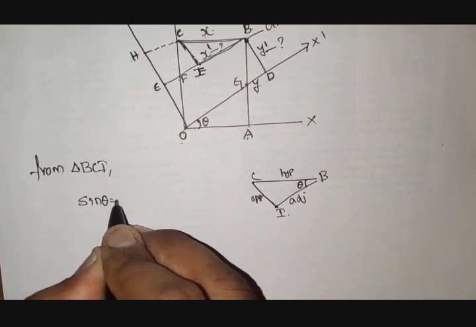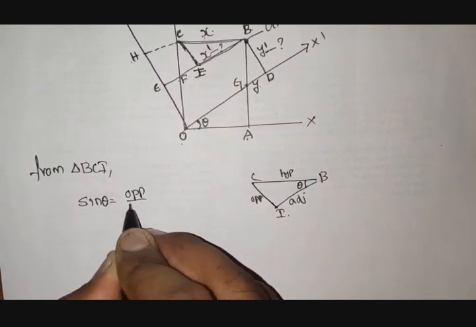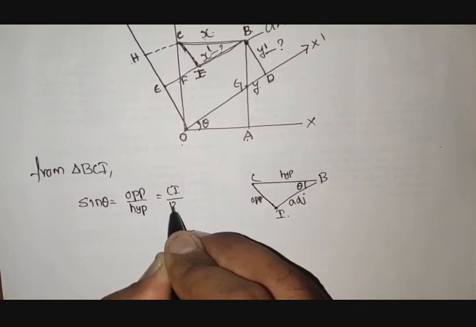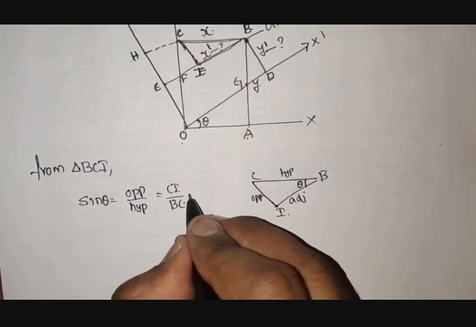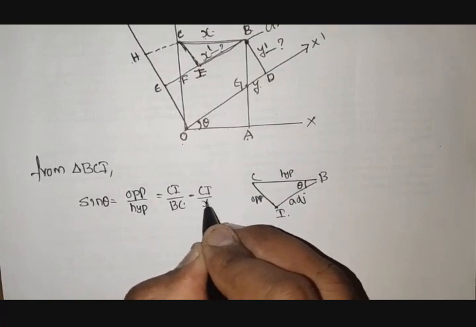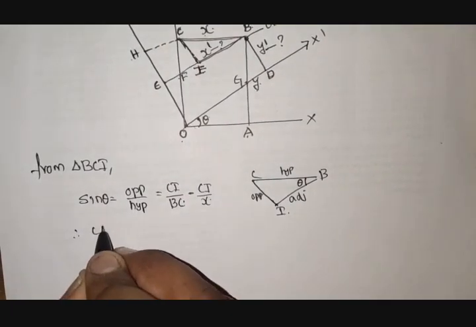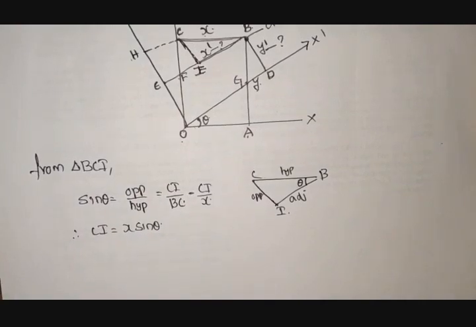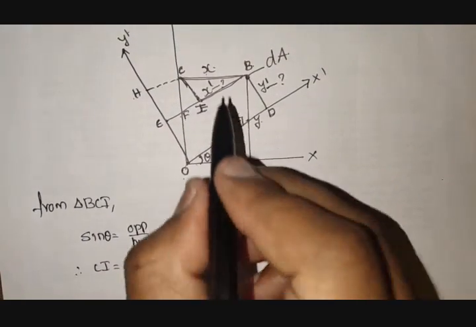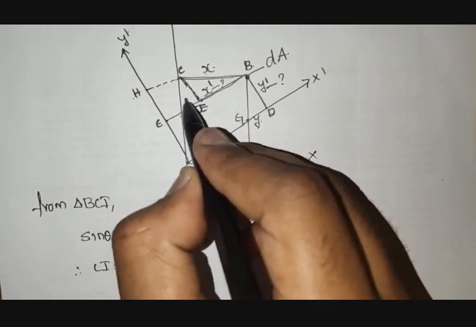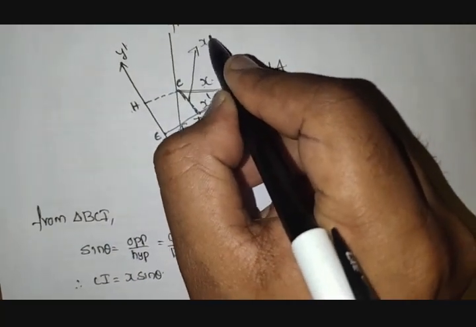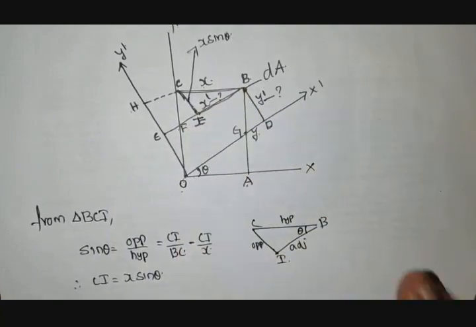Sin theta is equal to opposite by hypotenuse, nothing but CI by BC, nothing but CI by X. So from this the value of CI is equal to X sin theta.